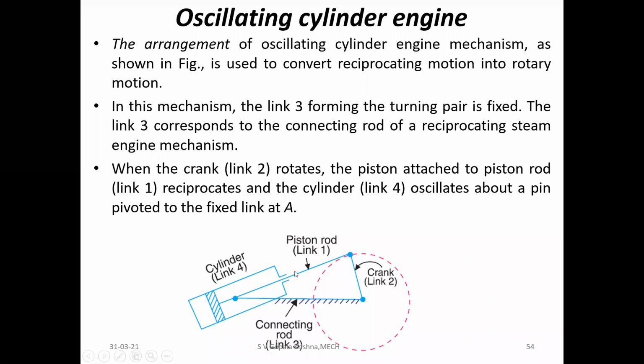How many turning pairs and sliding pairs are there? It is similar to the earlier case: there are three turning pairs. And link 3 corresponds to the connecting rod of a reciprocating steam engine, which is also attached to the piston rod.